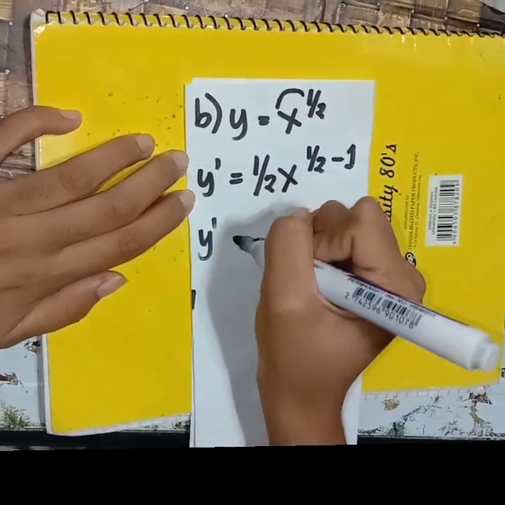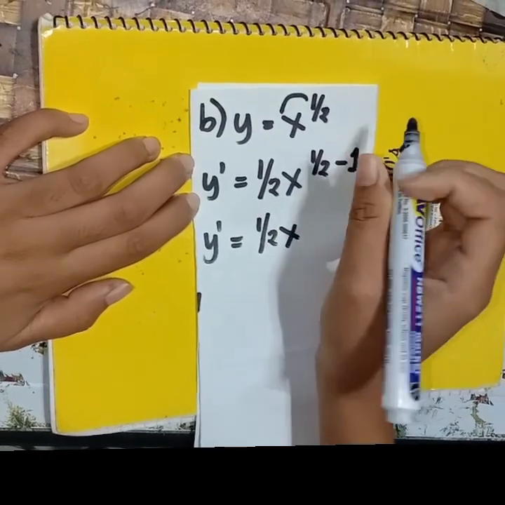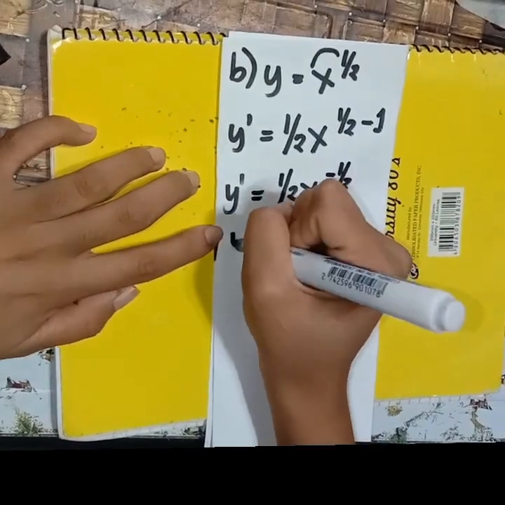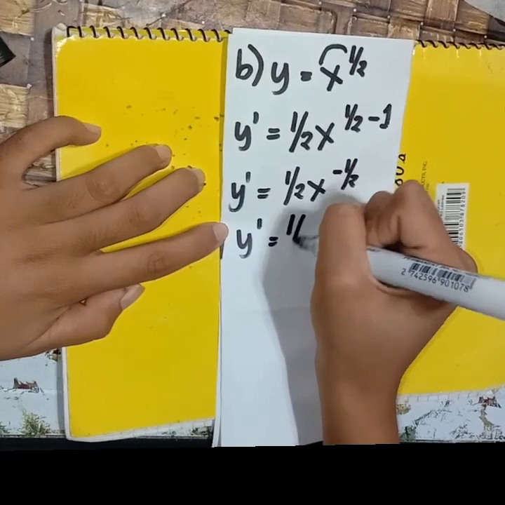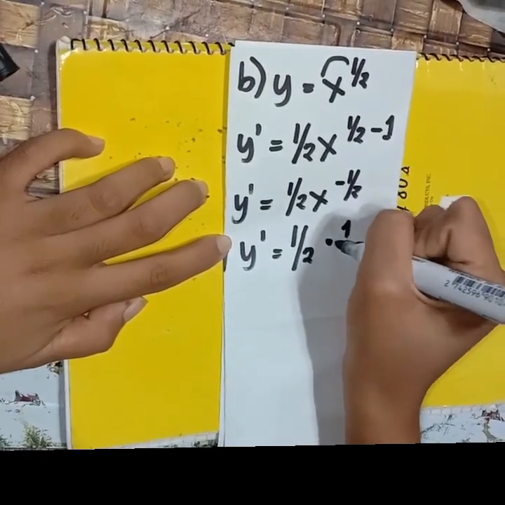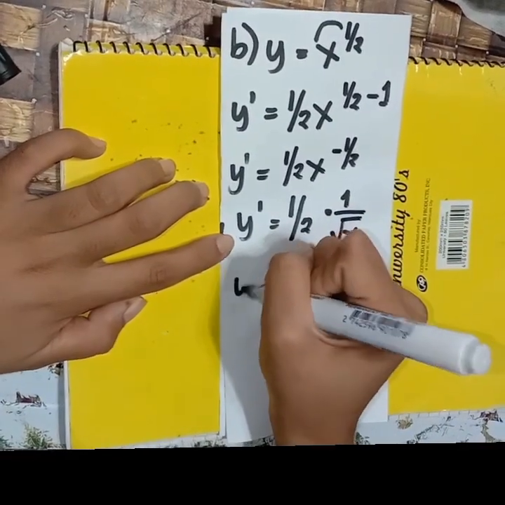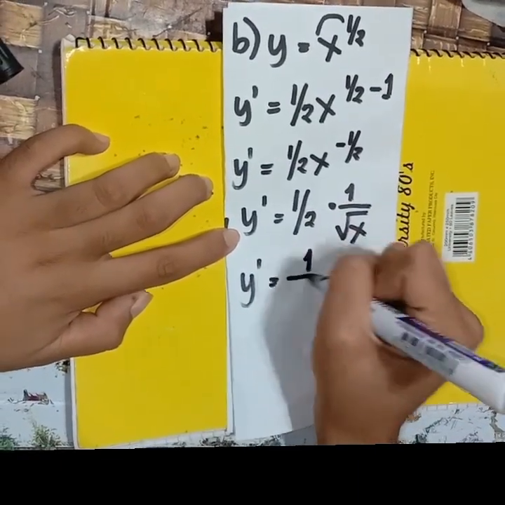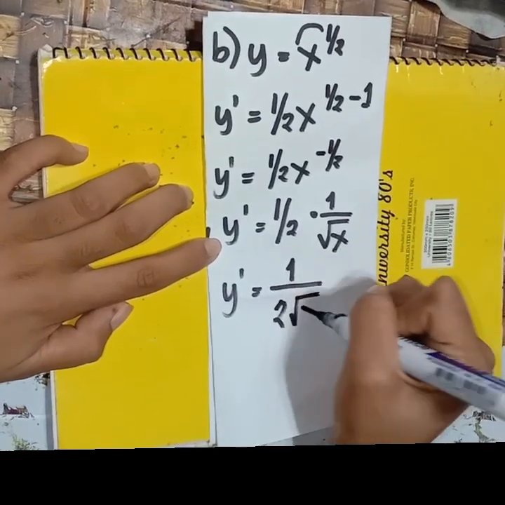It will become 1/2 x raised to negative 1/2. Then next, it becomes 1/2 times 1 over square root of x. Then the final answer is 1 over 2 square root of x.